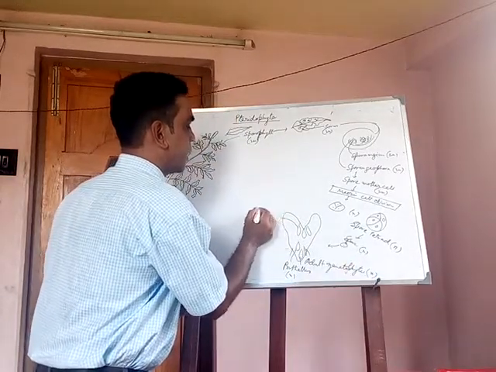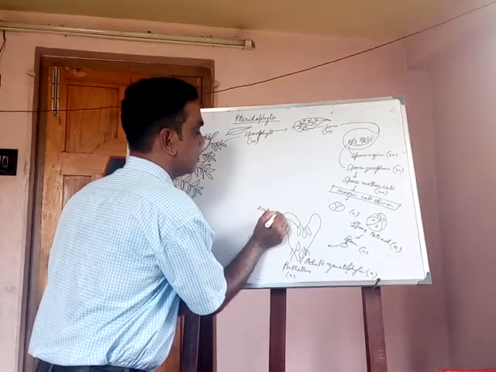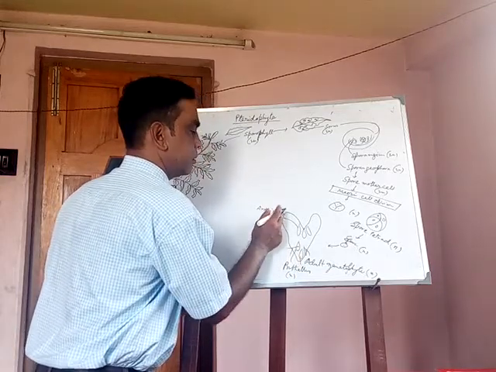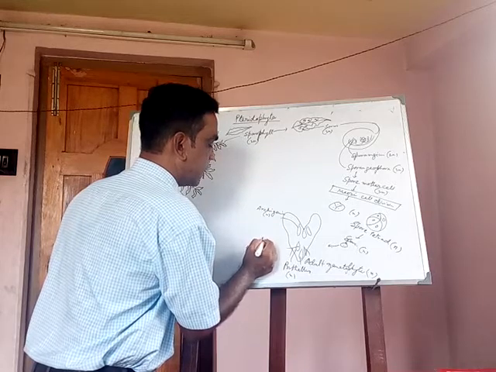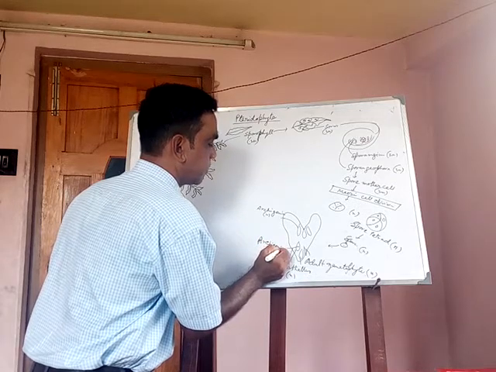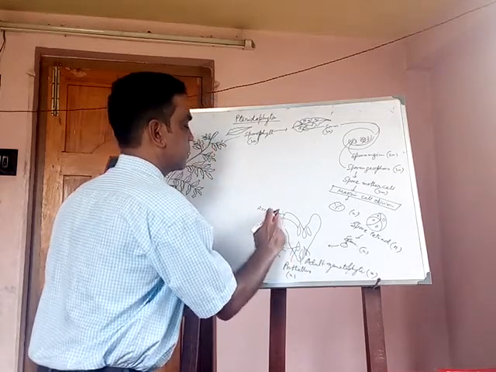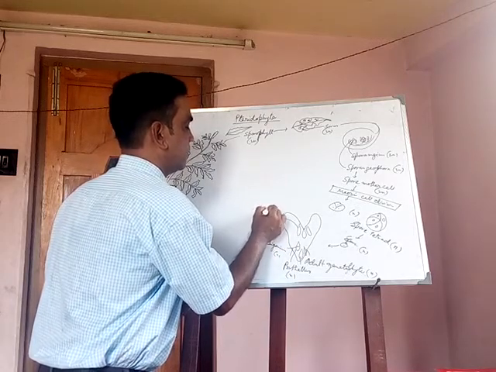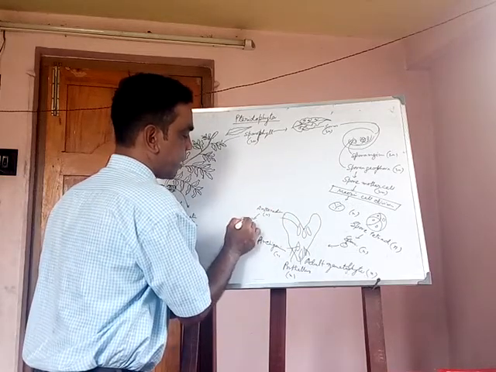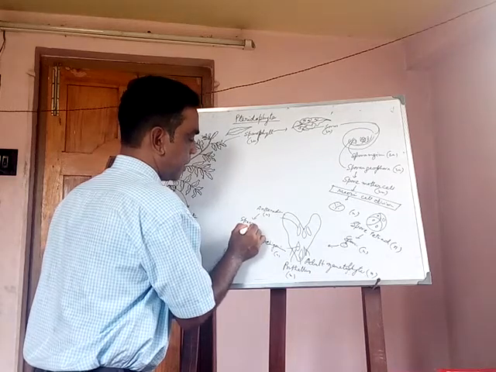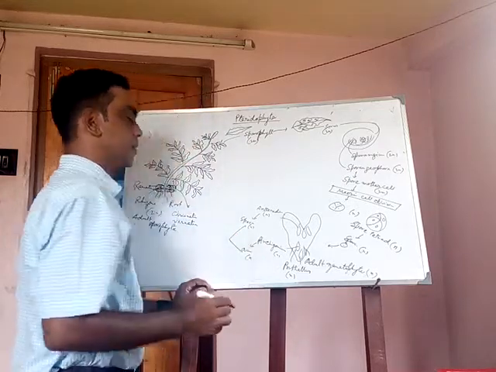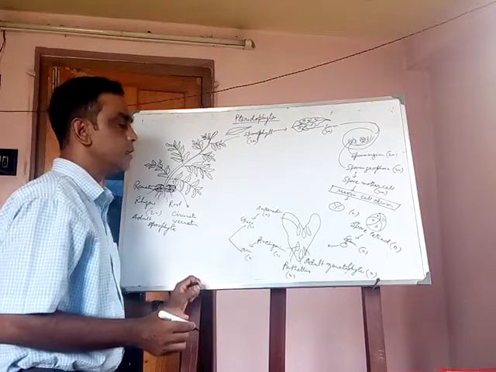That is archegonium and antheridium. The antheridium produces the sperm, and the archegonium produces the ovum, that is n, and the sperm meets the ovum in a watery medium.